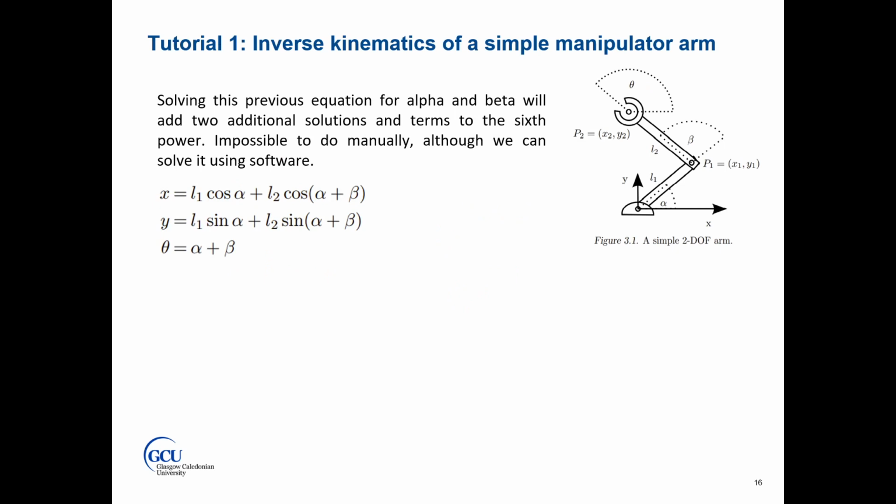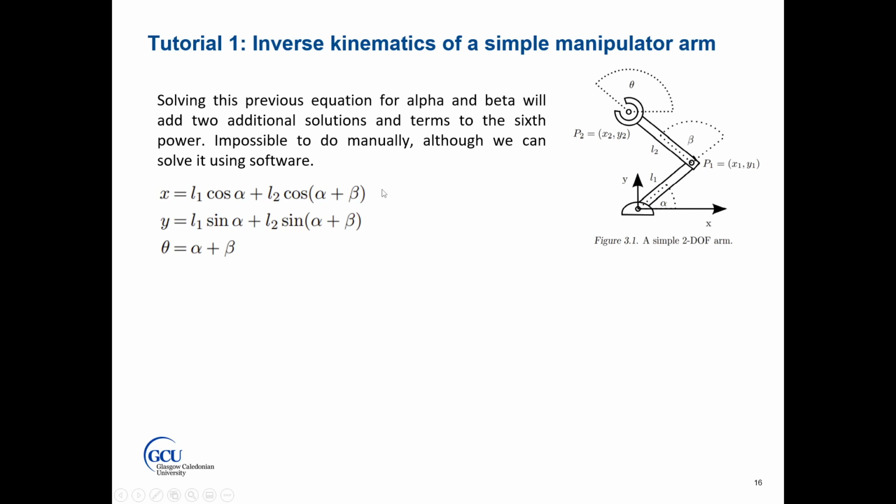Anyway, if we remember from forward kinematics, given alpha and beta, we can very easily calculate x, y, and theta. So the question is, given x, y, and theta, can we actually obtain alpha and beta?